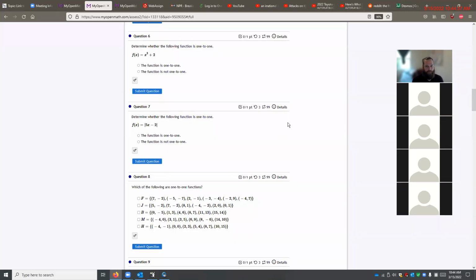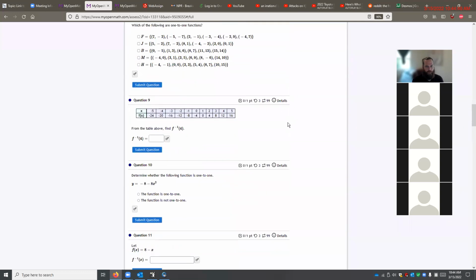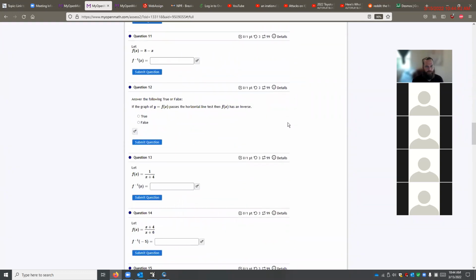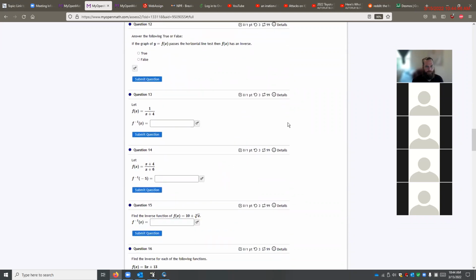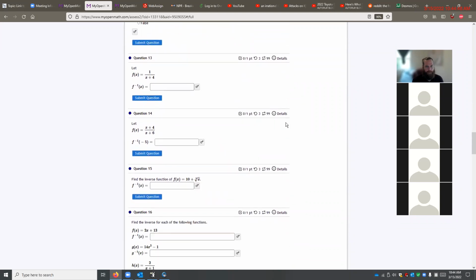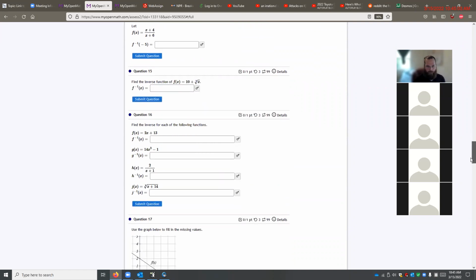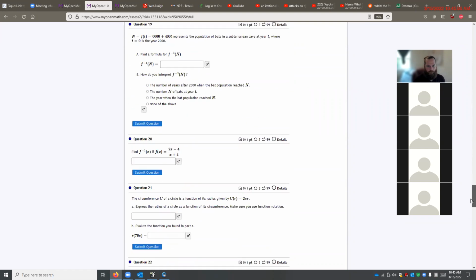We have a few seconds left, so we can try one more. Something like this can be a little bit challenging. So let's do this. Quickly verify that you don't have any non-one-to-one functions here that are being asked for inverses.